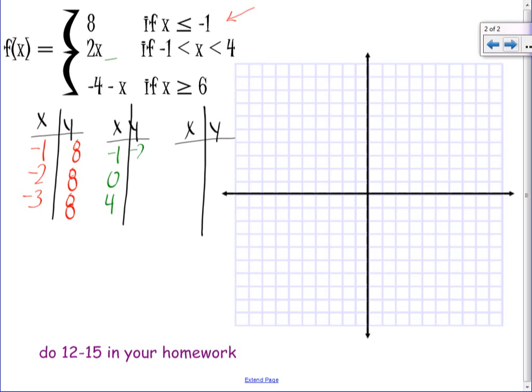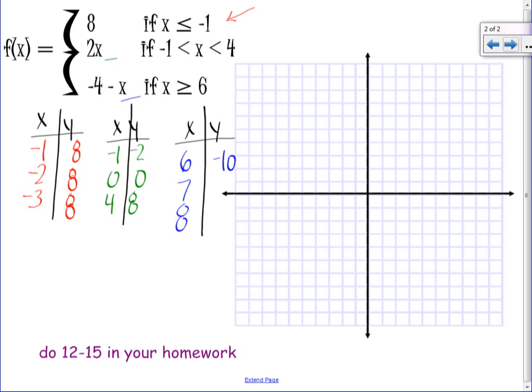We get -2. What about a 0? We get 0, and we get 8 when we do that one. And the last one. What value should we use? 6, 7, 8. Perfect.